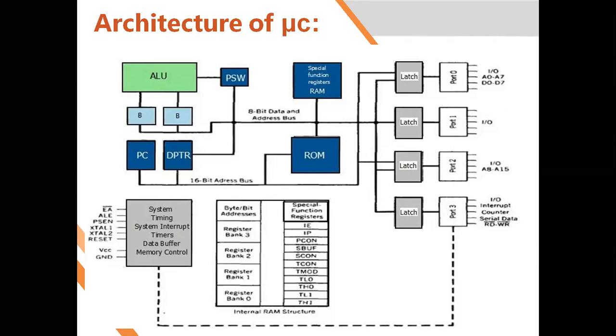It is used to perform operations such as addition, subtraction, division, multiplication, AND, OR, XOR, XNOR. After performing the operation, the ALU stores the result into a register and stores the status of the result into the PSW. PSW is a flag register present in the microcontroller.